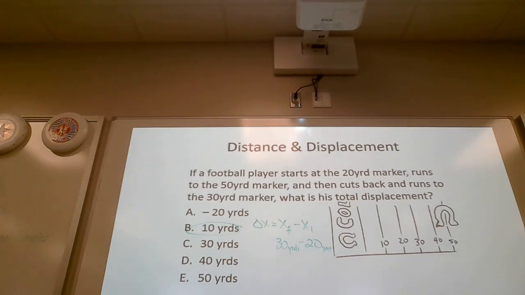So what displacement looks at is how far you got away from where you started and in which direction. That make sense? It's the distance away from where you started and in which direction.